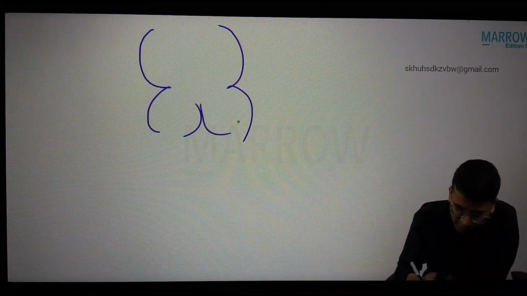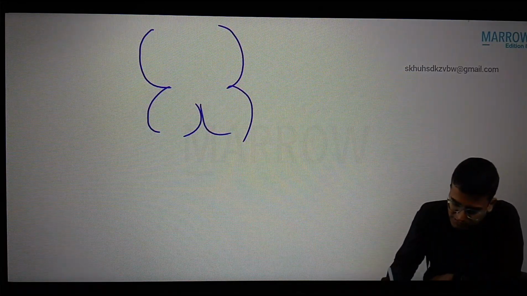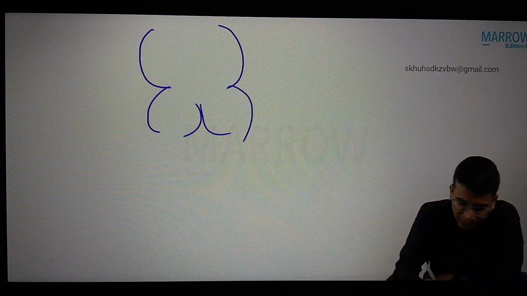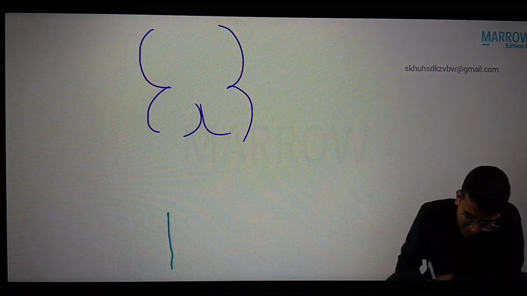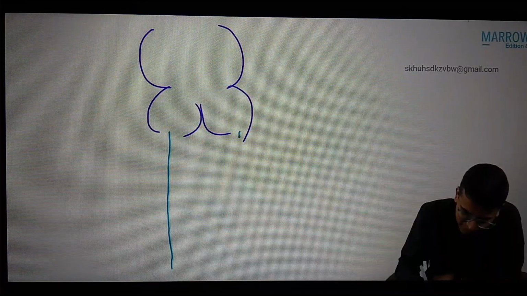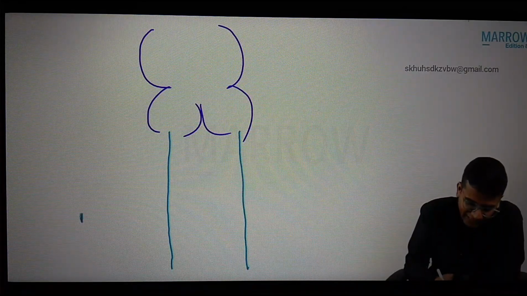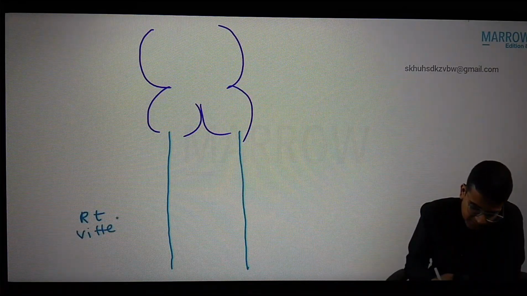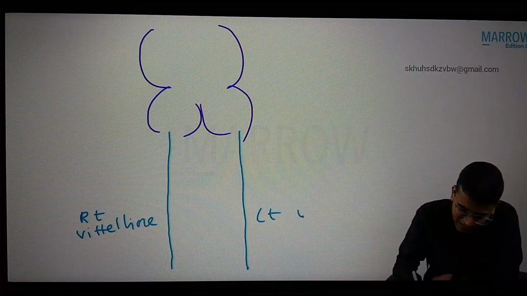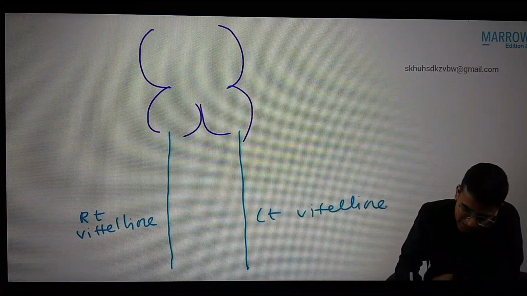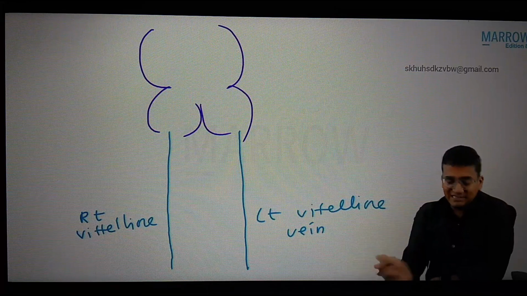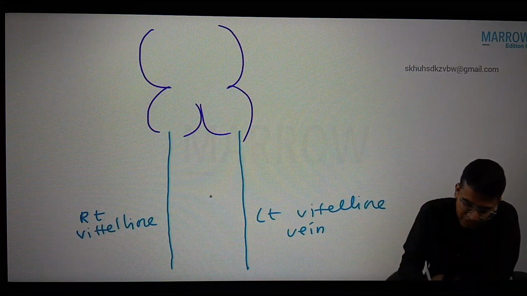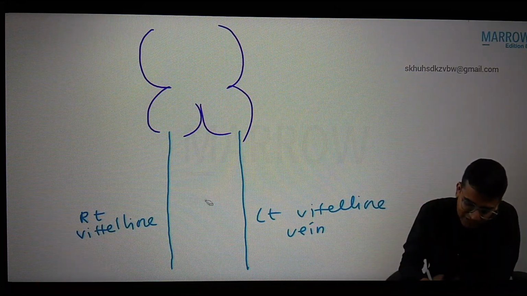Now this is our sinus venosus body, and this is the horn of sinus venosus. Now this is our vitelline vein. This is our right vitelline vein, and this is left vitelline vein. The right vitelline vein and left vitelline vein are formed on either side of duodenum. This is duodenum.